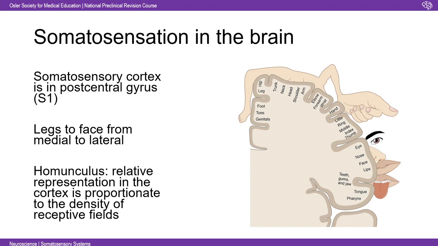But as shown in this picture, you've got what's called the sensory homunculus. And as you'll note, they don't look quite like we do, because parts of their body are massively overrepresented. This overrepresentation is covered more in the notes I've written for this, but essentially it's just directly proportionate to the density of receptive fields.